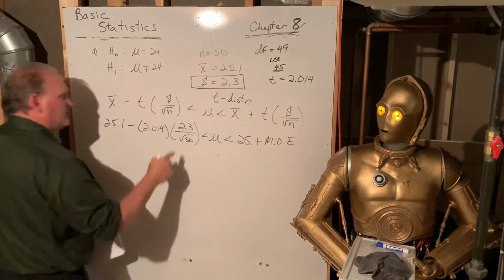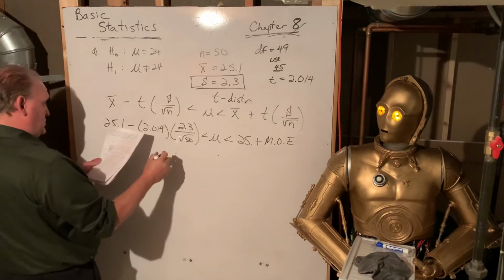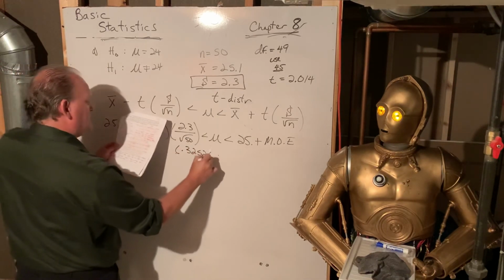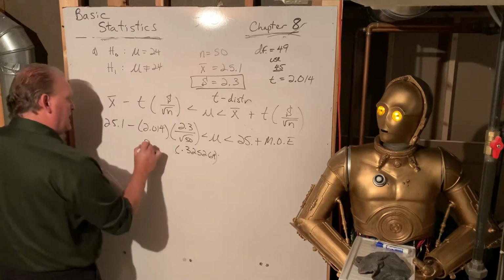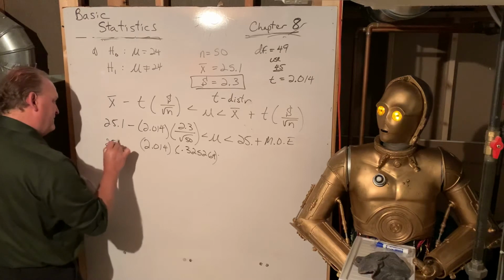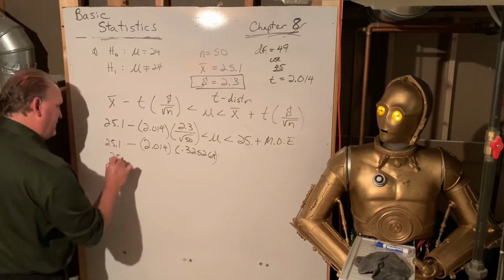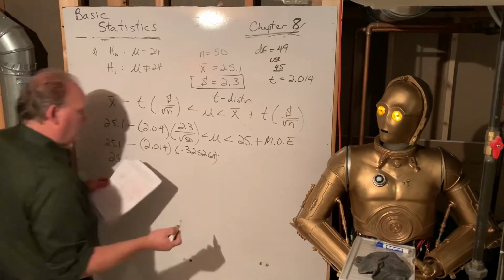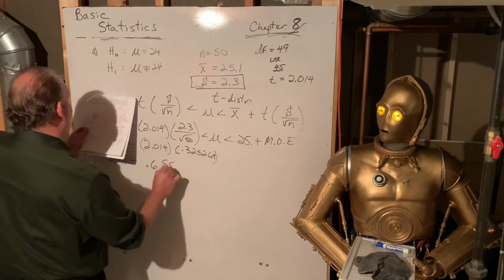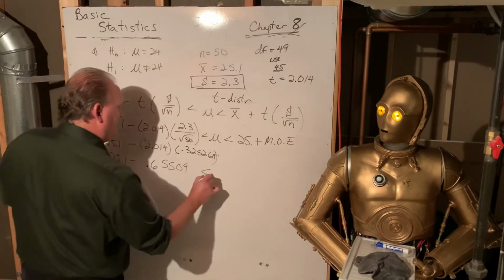All right. So we do 2.3 divided by the square root of 50. That gives us 0.325269. 2.014 times that. And so when we multiply those, we end up with 0.65509.